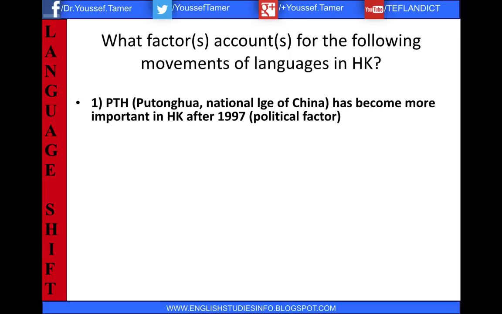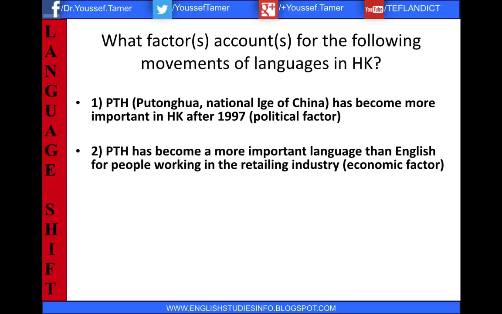Okay, I'm going to come back to the example of Morocco. Another example in Hong Kong as well is that this national language, Putonghua, has become a more important language than English for people working in the retailing industry. Before independence, English was more important.